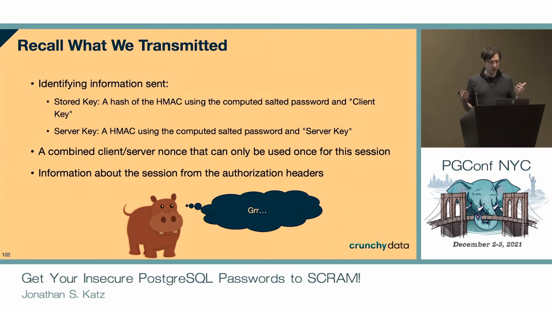We submitted some nonces, one-time things, and information about the authorization headers. So even if Red Hippos was listening this entire time, Red Hippos is coming away confused. Red Hippos is like, what just happened? I can't figure out what's going on. Maybe I can capture all this traffic and try to brute force it later, but I have no idea what secret was transmitted.